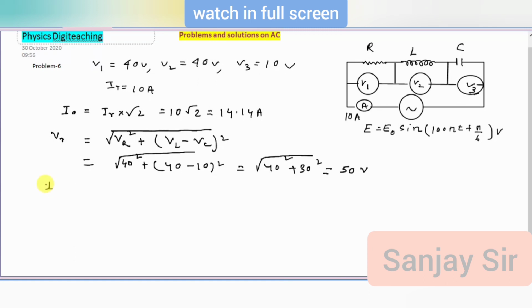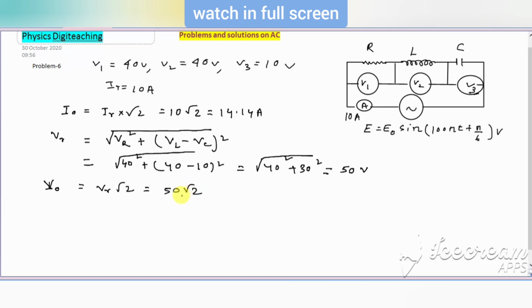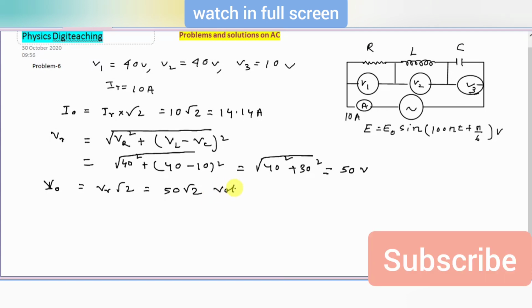Then peak value of voltage, that is V0 equal to V RMS into root 2, that is 50 into root 2 volt. And last we have to calculate the value of inductance and the value of capacitance.